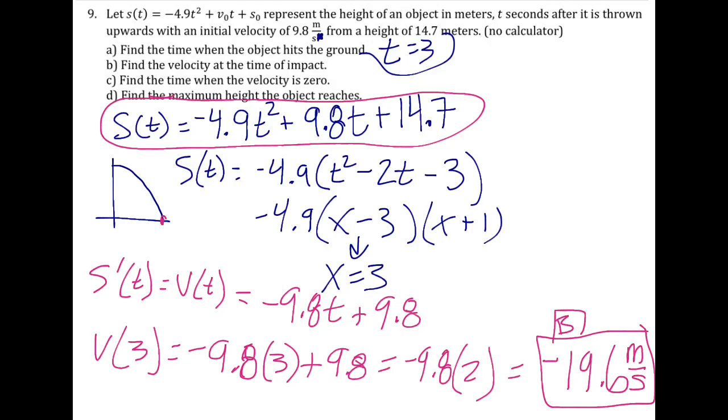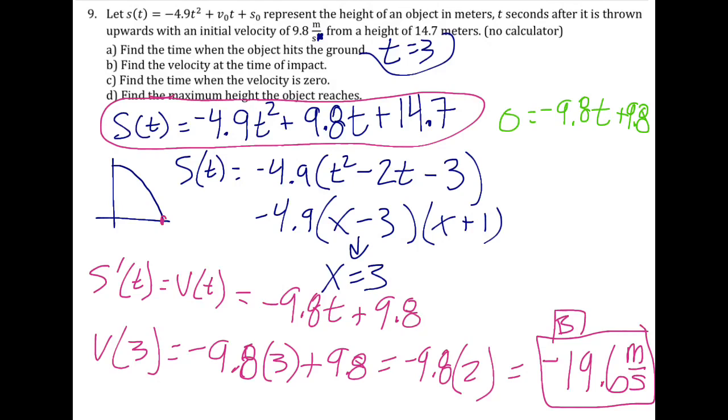And then C, find the time when the velocity is 0. Well, we have two different ways we could do that. We could complete the square, or we could use our derivative function and set it equal to 0. I'm going to go that route. So 0 equals negative 9.8 t plus 9.8.